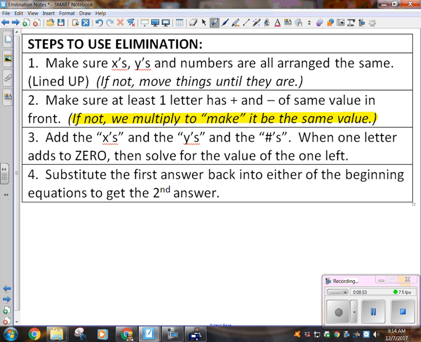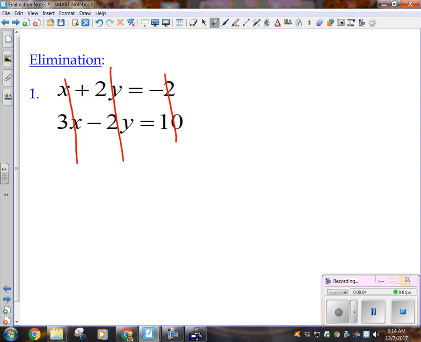Make sure X's, Y's, and numbers are arranged the same. I have an X, a Y, and a number. Make sure they are what? Lined up. Do I have that? Sure do. I have that perfectly. Now, do I have the same number of either letter, positive and negative? Positive 2.